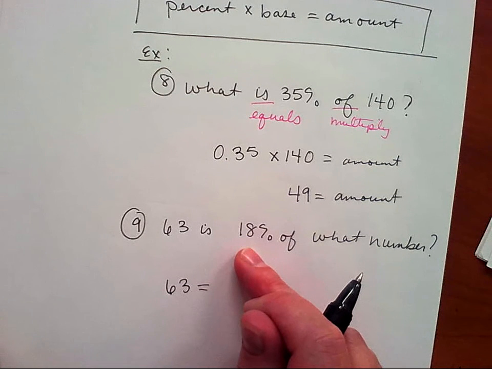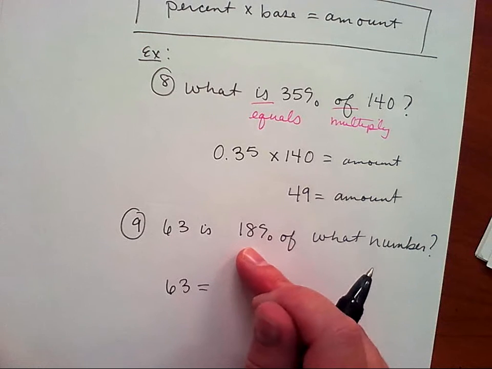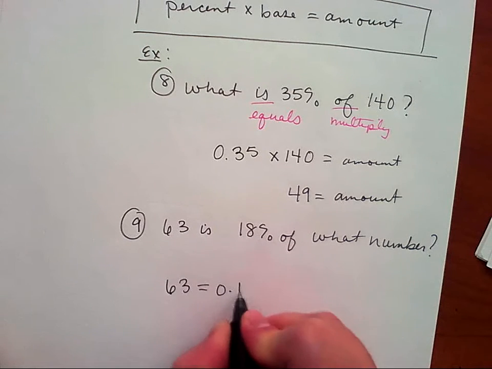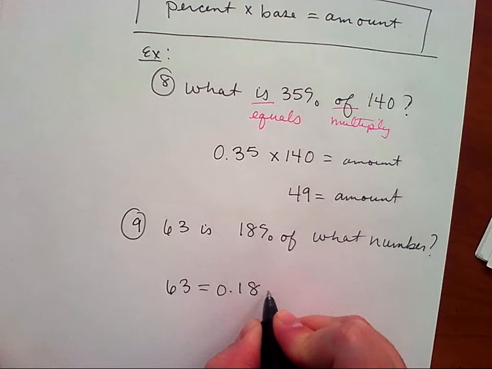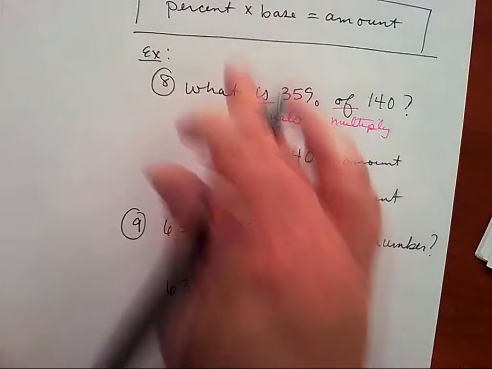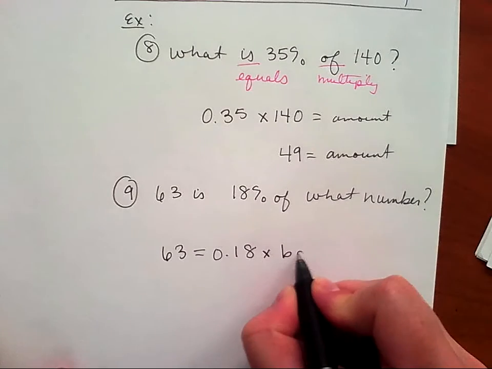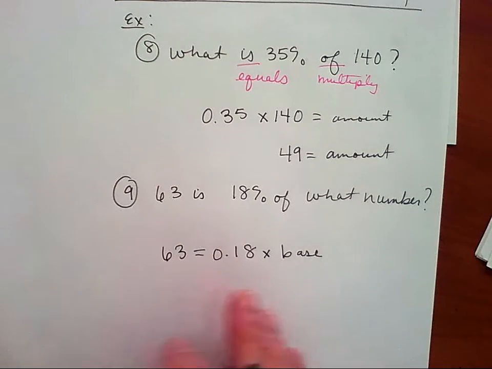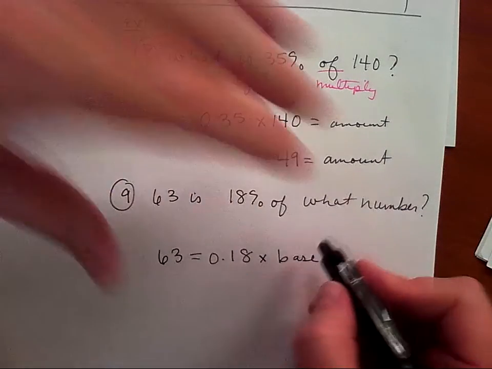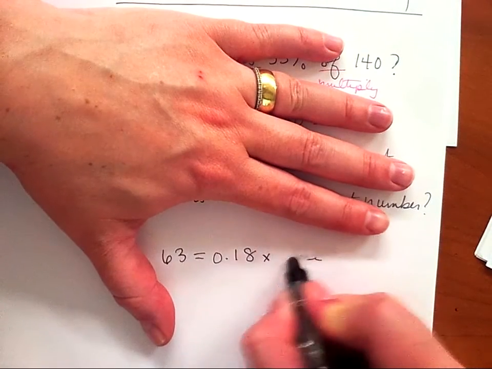How do I write that as a decimal? Good. Of what number times, and I'm just writing the words from this equation above. So you could write base, you could write x, you could write whatever. I'm going to leave it as a capital B for base.